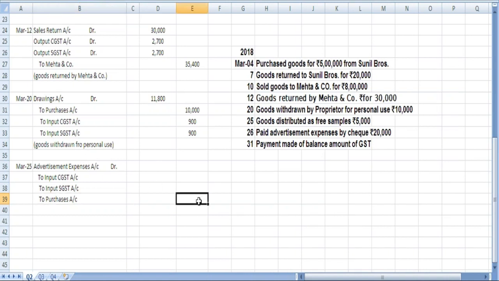So the free samples we are distributing, that is 5,000 rupees worth of free sample, and 9% of 5,000 is 450, and here again it will be 450, and total is coming to 5,900.